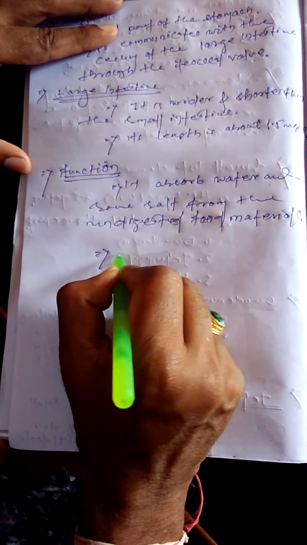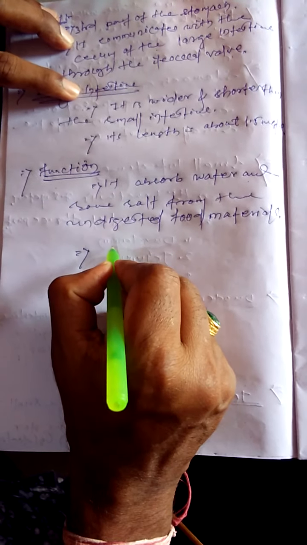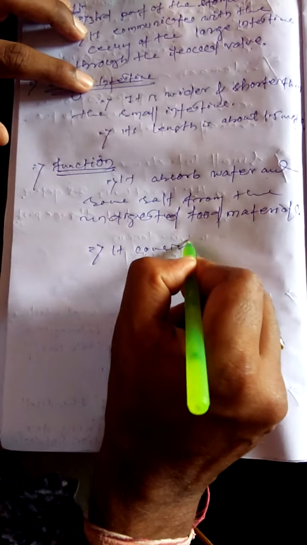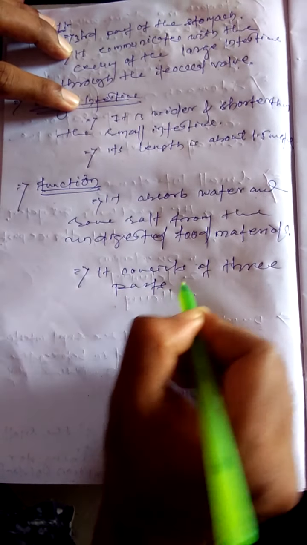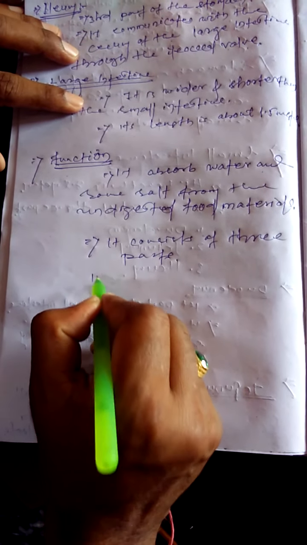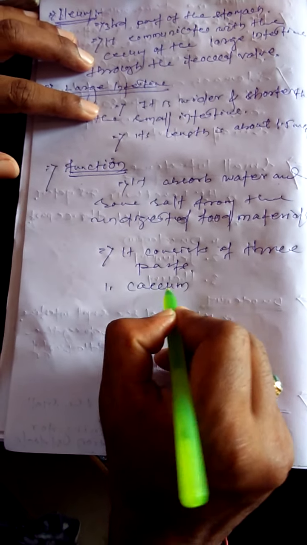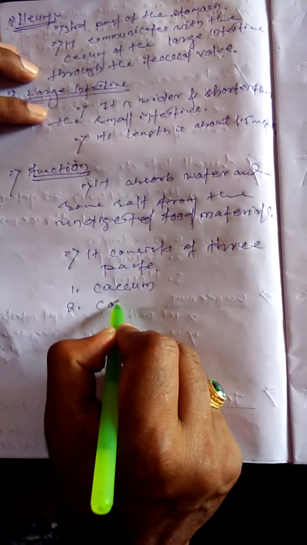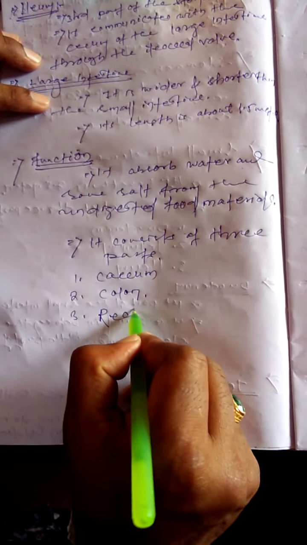Generally, large intestine consists of 3 parts that are caecum, second one is colon, third one is rectum.